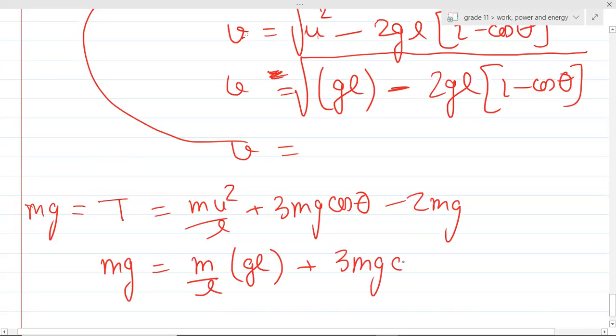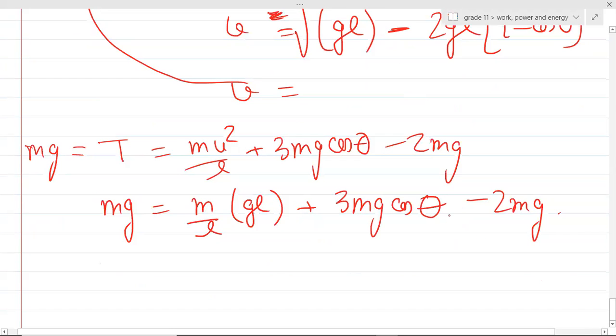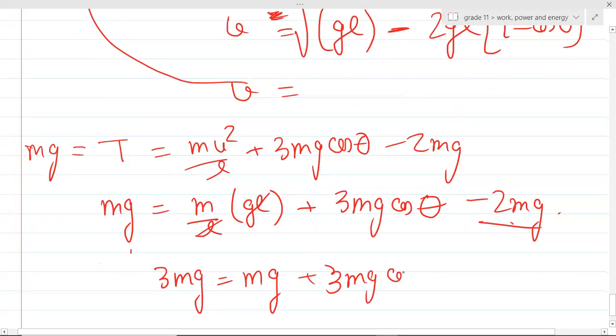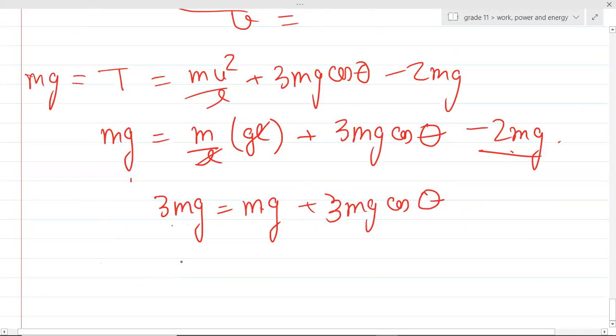From here, can I obtain the value of theta? This mg will go to that side and become 3mg again. This L and L will get cancelled out, so it will become mg plus mg, 3mg cos theta. So when this mg goes to that side, it becomes twice mg.